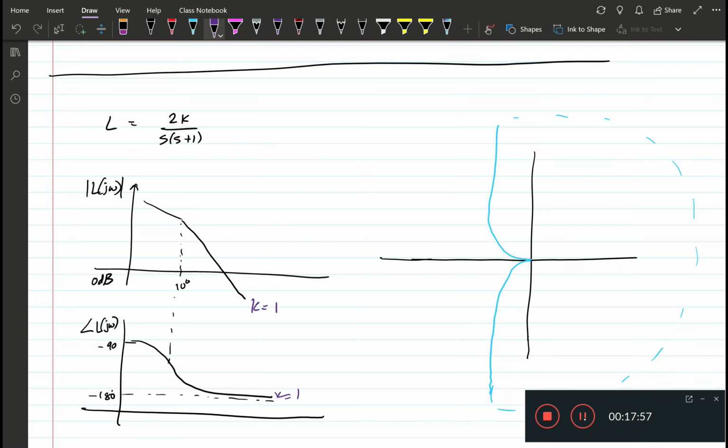For k equal to 0.1, we would just shift this down, and for k equal to 10, we would just shift it above.